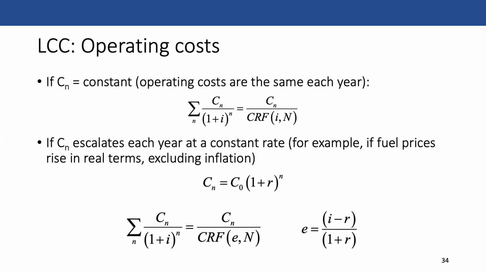If your costs are changing every year at a constant rate, you can have some kind of equation that will modify those arrows. So this would be something like in my example where I was drawing the arrows. If they get bigger at a constant rate every year, you can do this modification to change the costs.